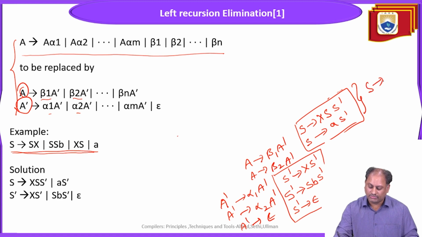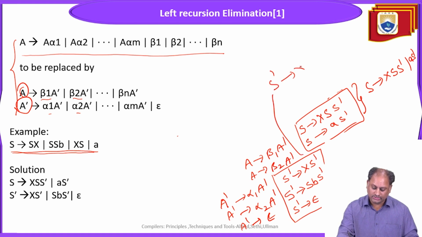Because left hand non-terminals are equal. So that's why we combined into XS dash and AS dash. And these three we combined. Why? Because S dash, X, S dash, and then S, B, S dash, and then epsilon. So we got S dash and then S.